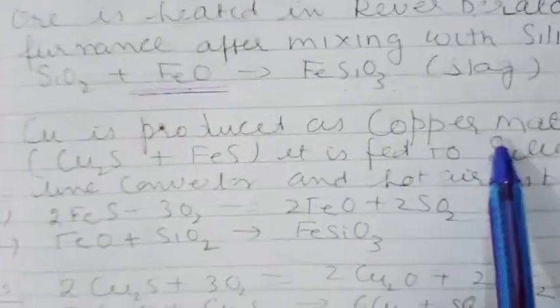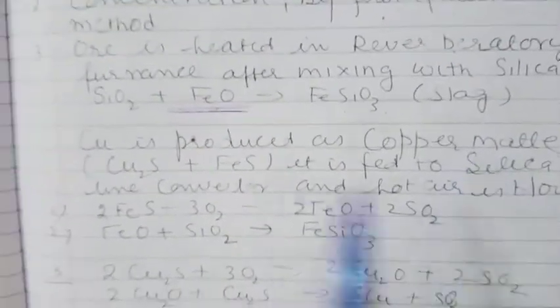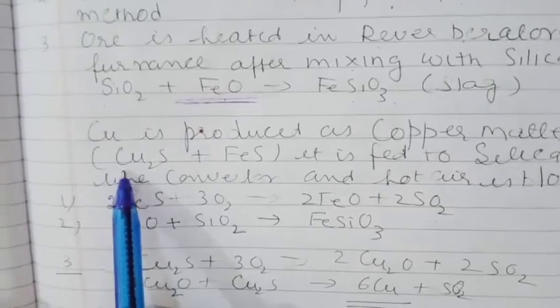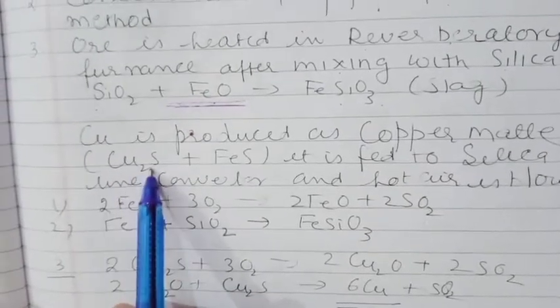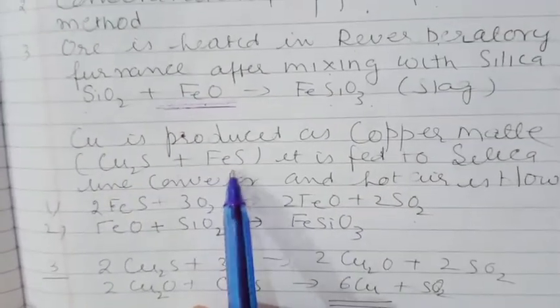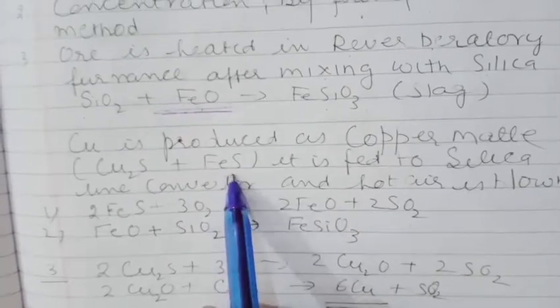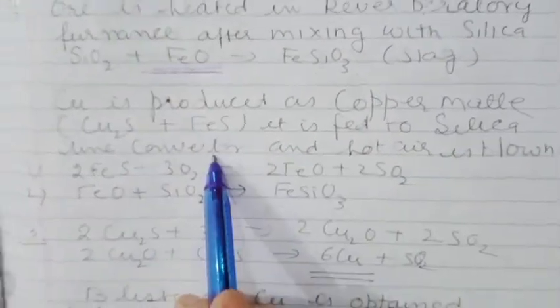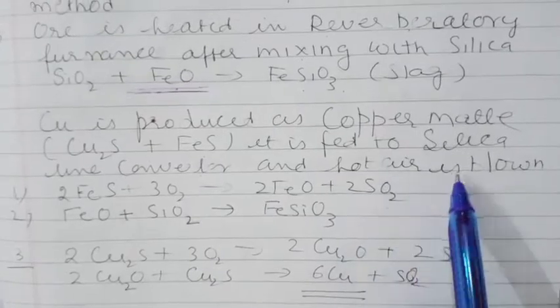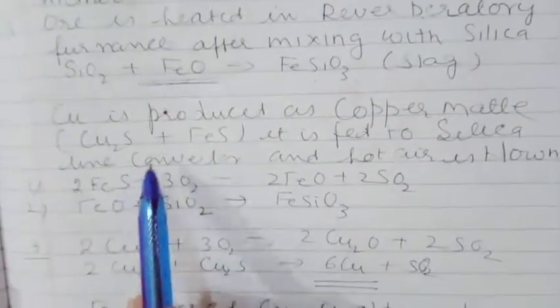Now copper is produced in this reverberatory furnace as copper matte. Copper matte is basically a mixture of mainly copper sulfide, and a small amount of iron sulfide. It is fed to a silica-lined converter and hot air is blown. When hot air is blown, again the same process occurs.